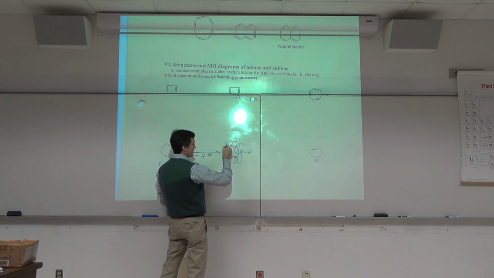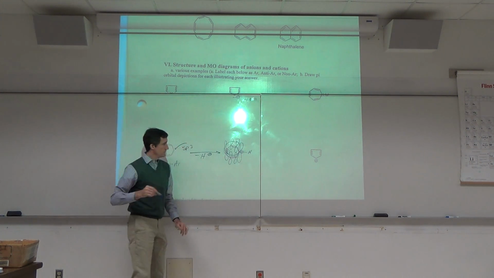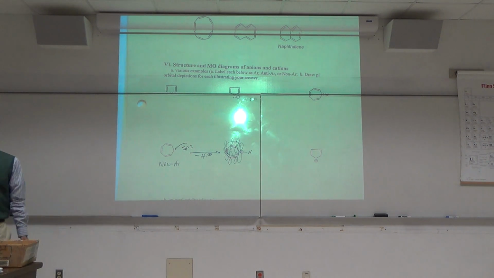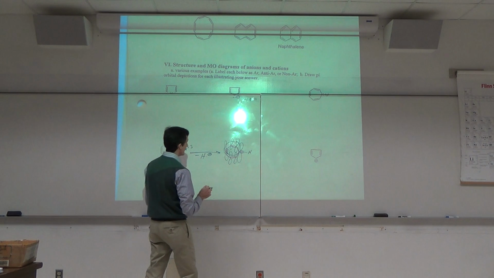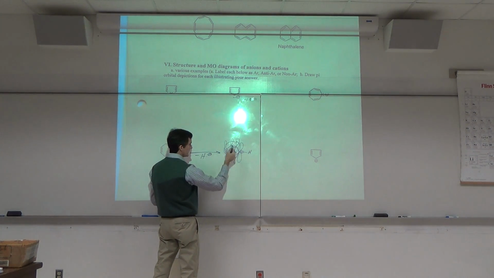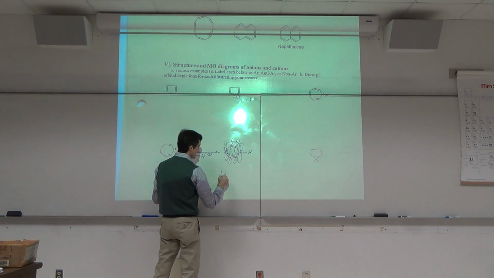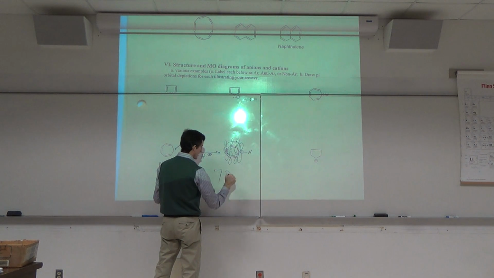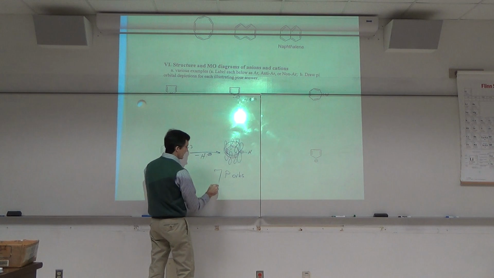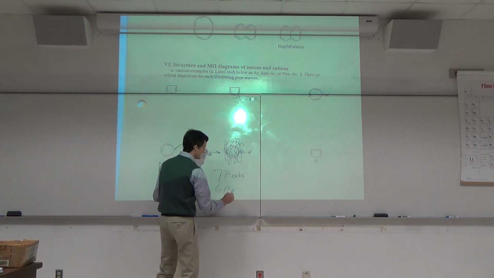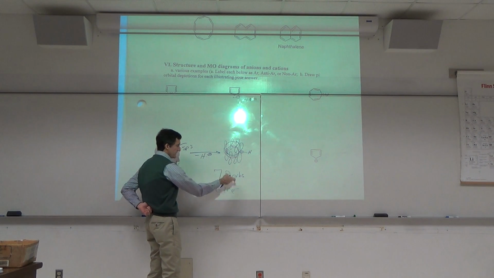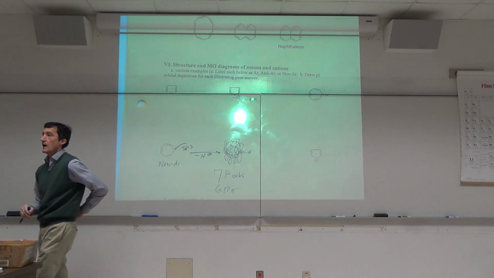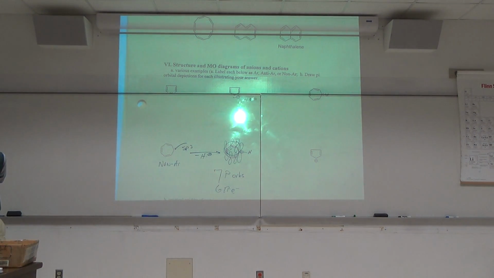What do we have here? A fully cyclic conjugated system of p orbitals. How many p orbitals in the system? 7 p orbitals. How many electrons? 6 pi electrons. Cyclic conjugated, yes. How many pi electrons? 6. What does that sound like?